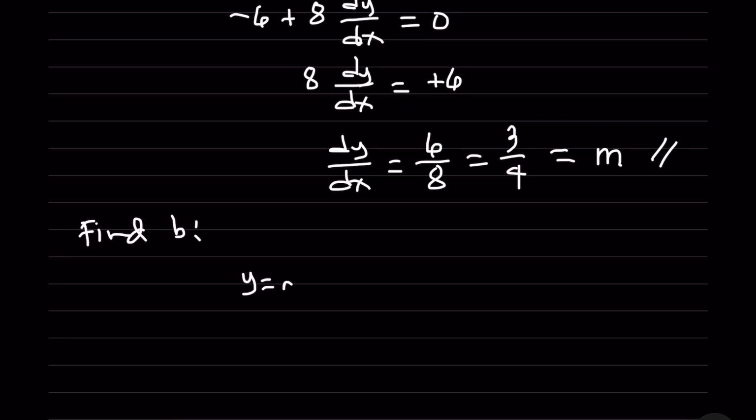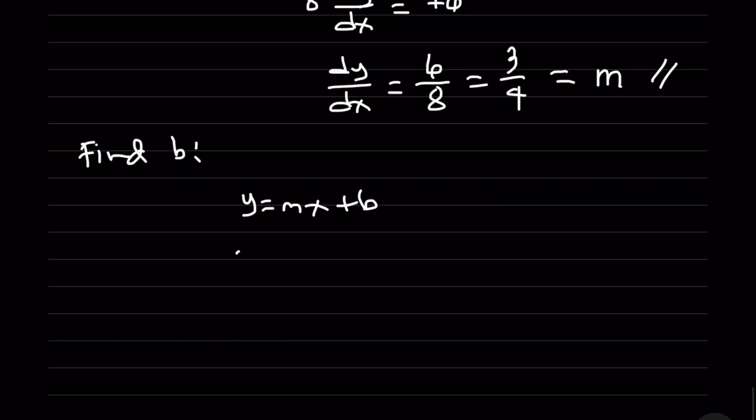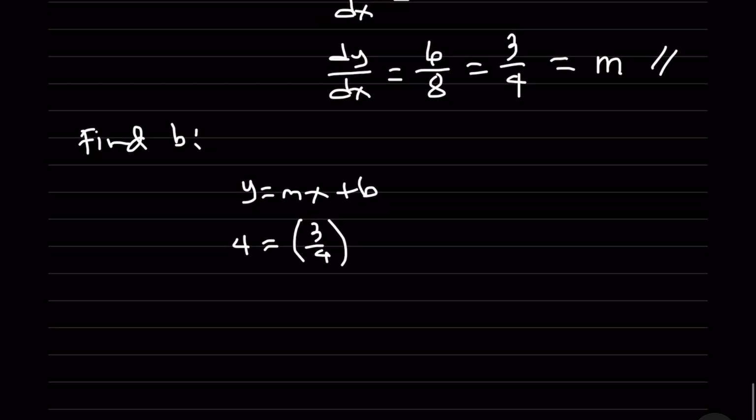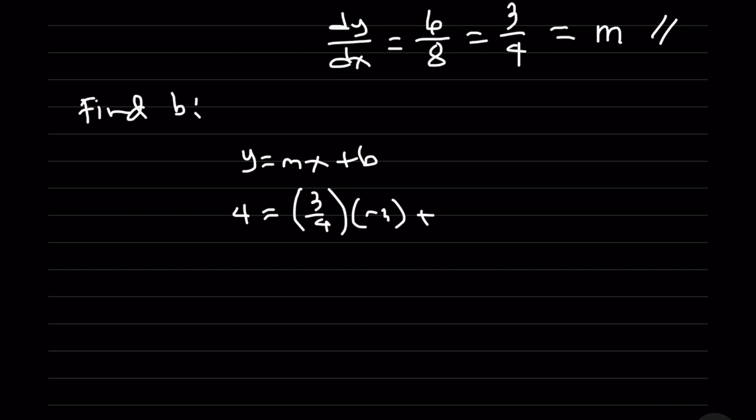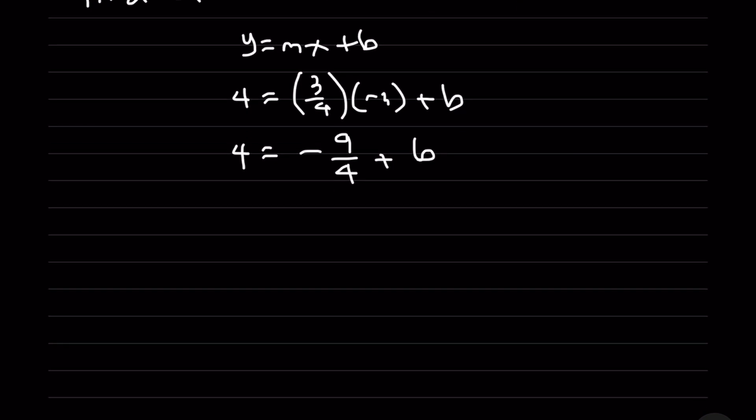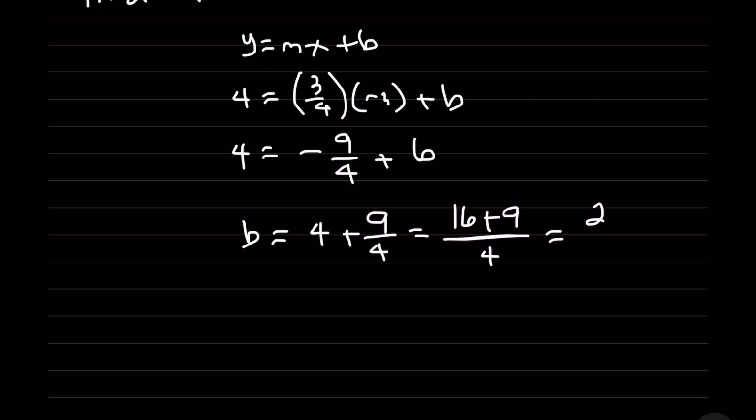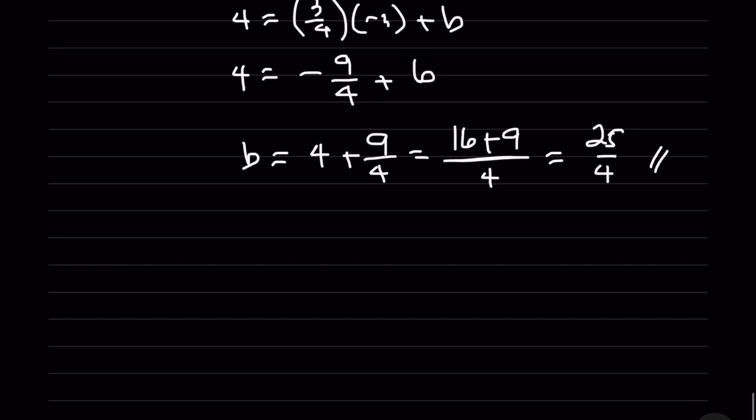Next, we find the y-intercept denoted by symbol b. We simply substitute the values for the slope of the line as well as the given point. So 4 is equal to negative 9 over 4 plus b. b is equal to 4 plus 9 over 4. Then we can solve this to find b equal to 25 over 4.